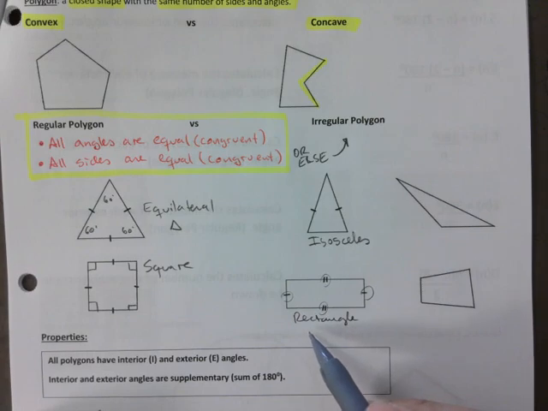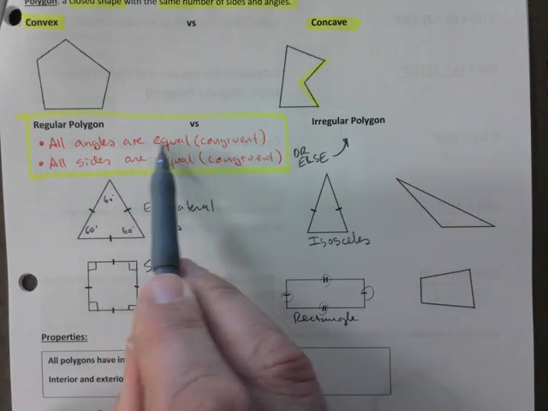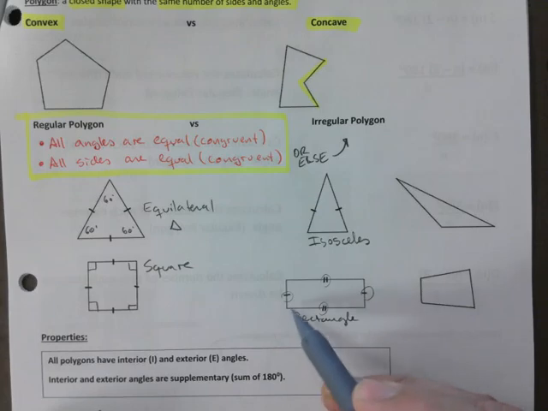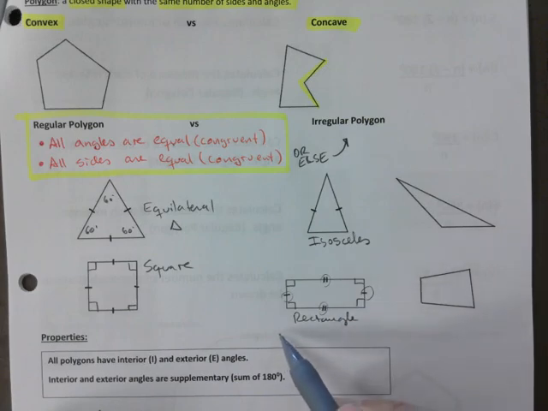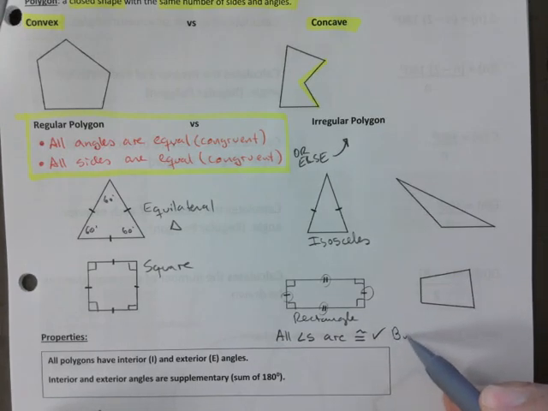Okay? However, think about it this way. Does the rectangle pass the all angles are equal test? Yes, all angles are 90, but not all the sides are the same. So I will actually make a note. All angles are congruent, check, but not all sides.